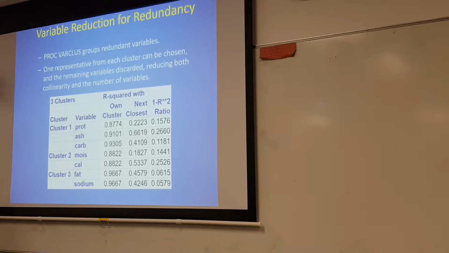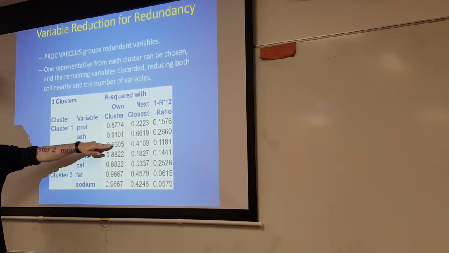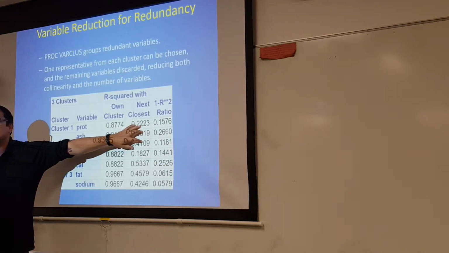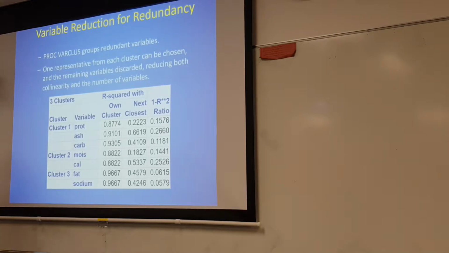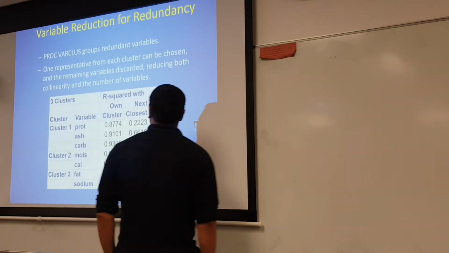So what you want to do is choose a variable that is highly representative of its own cluster. In other words, it has a high number here, but is very different to the other clusters. So, let's say the next closest cluster to it, you want to choose a variable that has a very low R squared there. In fact, what they do is look at the ratio of these things, right?